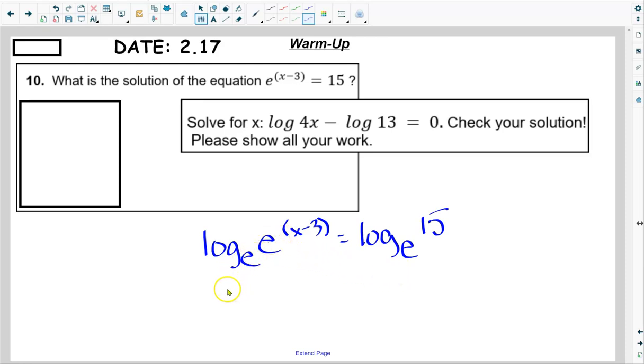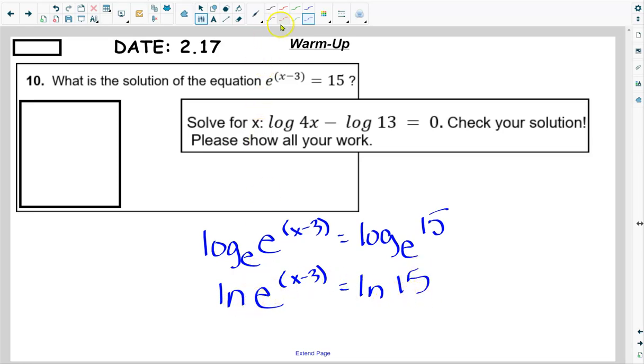The other way you guys could have written it, which is equal, but a lot more practical, would be this, right? Log base e is natural log: natural log of e^(x-3) equals natural log of 15, okay?